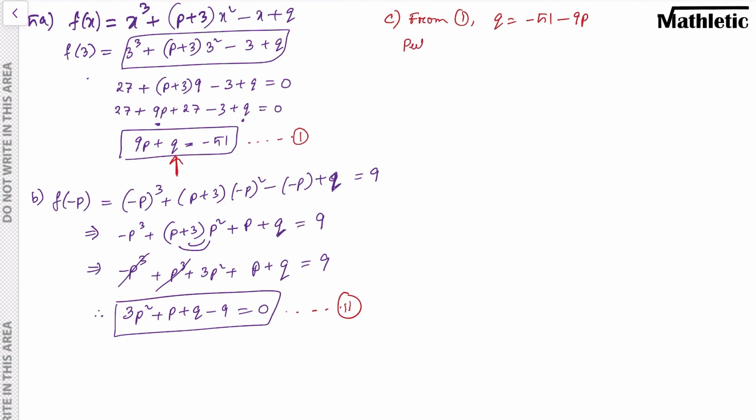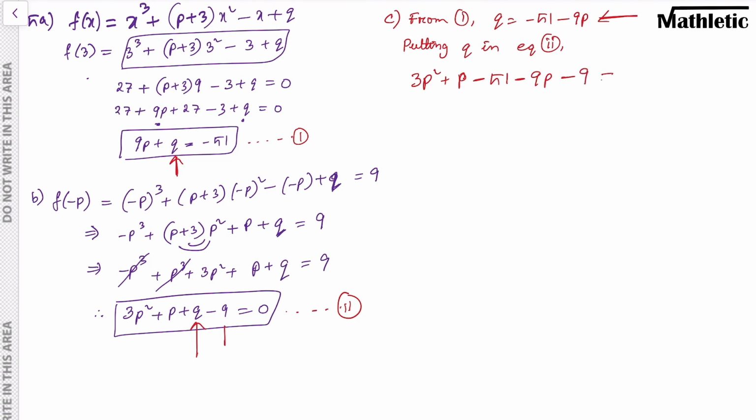So putting the value of q in equation number 2, we will replace the q here. So 3p squared plus p plus q minus 9 equals 0, and instead of q, we write this value, minus 51 minus 9p.